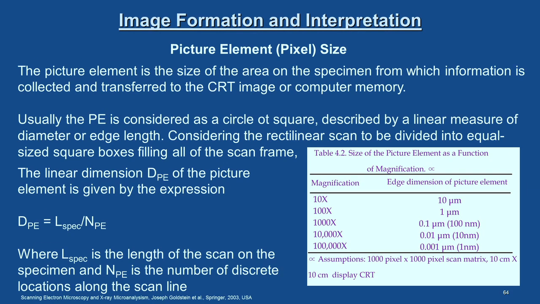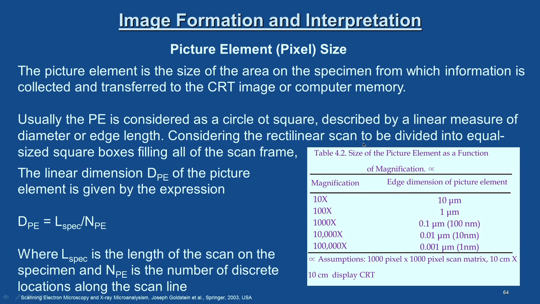So, the next important aspect is picture element size, a pixel size. The picture element is the size of the area on the specimen from which information is collected and transferred to CRT image or computer memory. Usually, the picture element is considered as a circle or square described by a linear measure of diameter or edge length.